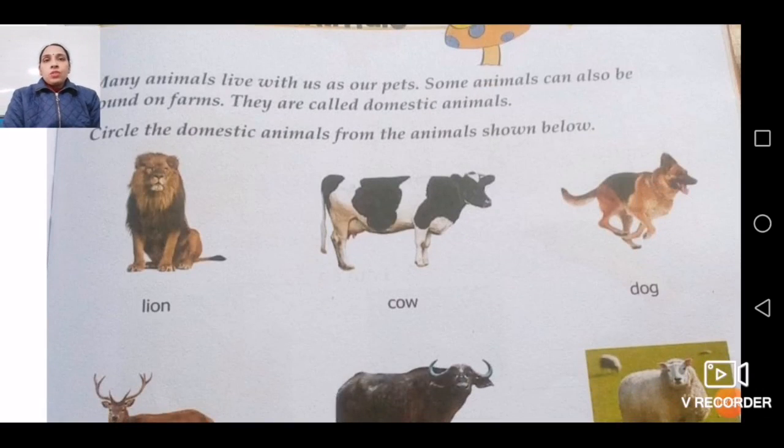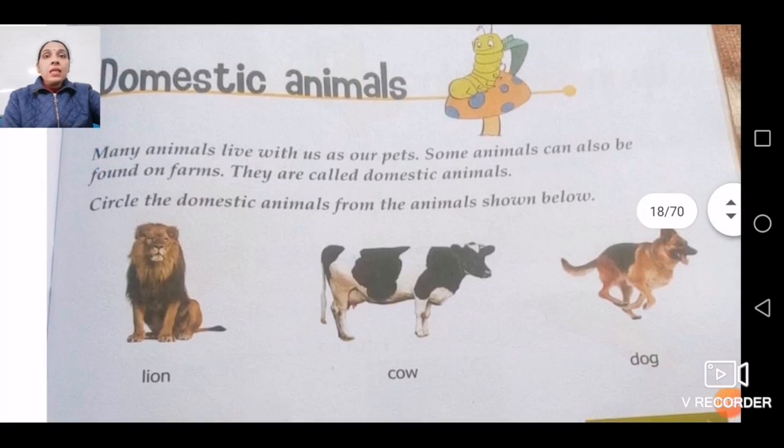Now children, I have told you the definition, but I'll repeat it once again. What are domestic animals? What are wild animals? What are pet animals? Children, many times you have this doubt about which animals are known as pet animals or which animals are known as domestic animals.